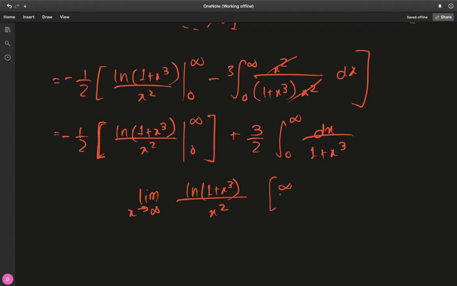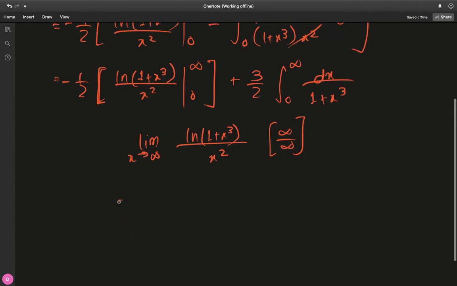So infinity over infinity sounds like a job for L'Hopital's rule. Applying that, we differentiate the numerator: 3x squared divided by 1 plus x cubed, divided by the derivative of the denominator, which is 2x. Cancel the x's if you want.